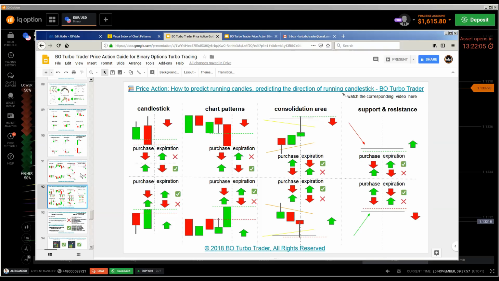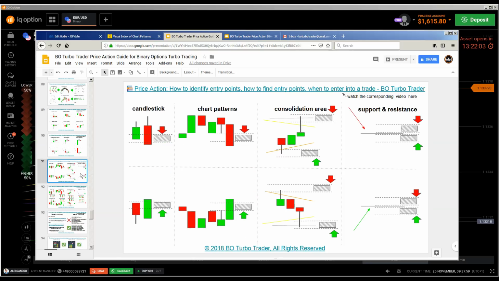Then this part here, where I talked about the entry point. The entry point is important. This is for all those traders who are not patient enough. You have to be patient.